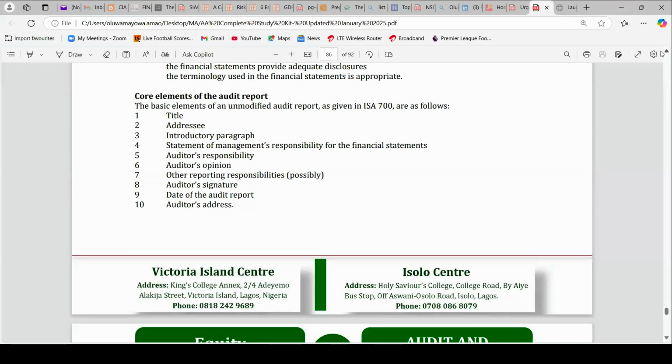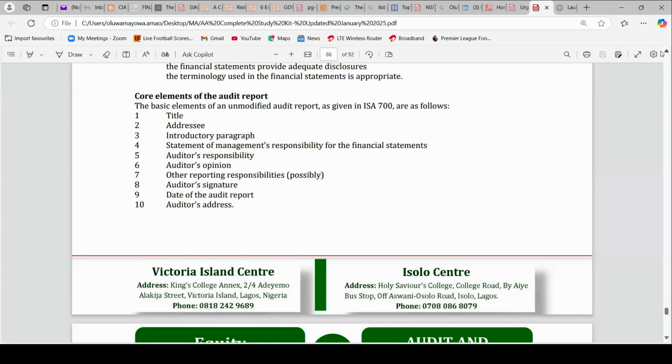No. The key audit matters are a standard element of an unmodified report. Now, the fact that a report is unmodified based on ISA 700, there can be some areas that the auditor wants to draw attention to because they are significant. So the moment an auditor is drawing attention to any areas and is calling them key audit matters, then it changes the report from 700 to 701.